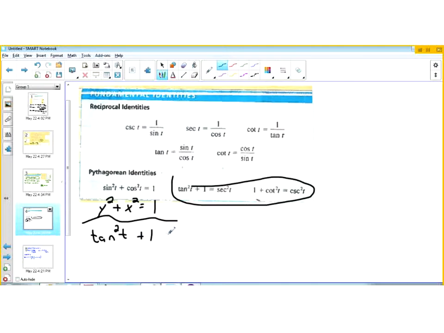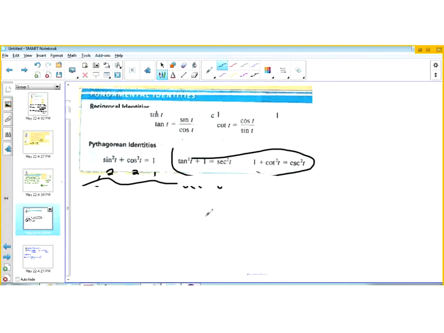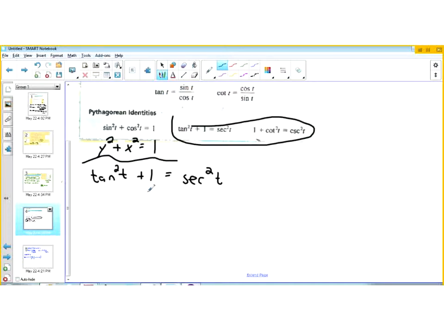There'll be quite a few WebAssign problems where you'll have to do these kinds of manipulations. The way we would demonstrate this is we replace the tangent function with its definition. So the tangent squared function is sine squared t divided by cosine squared t.